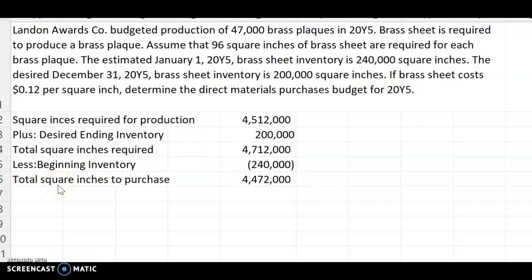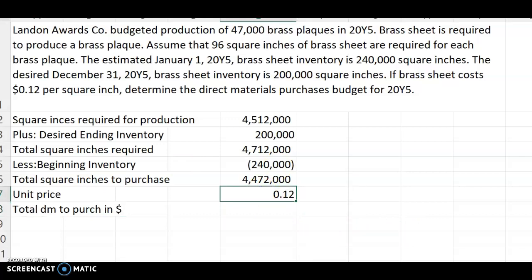Okay, now what I need is to put that into a price. So it tells me that my unit price is 12 cents per square inch. So per means to multiply, and this is going to give me my total direct material to purchase in dollars.